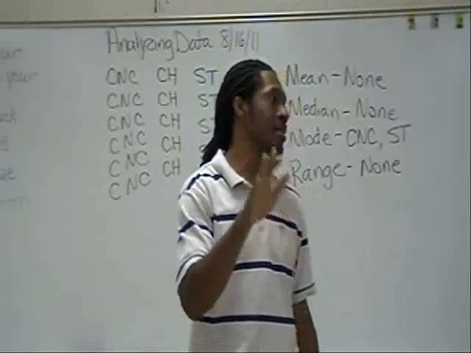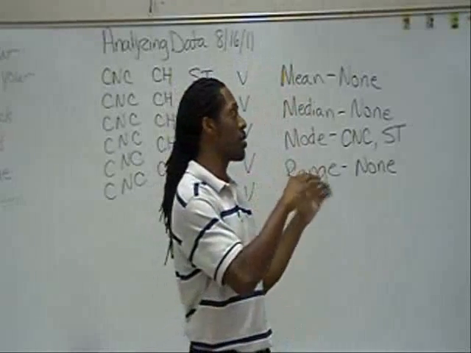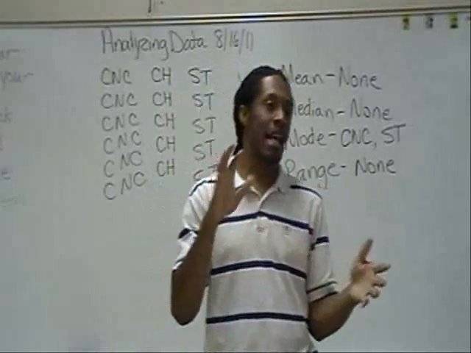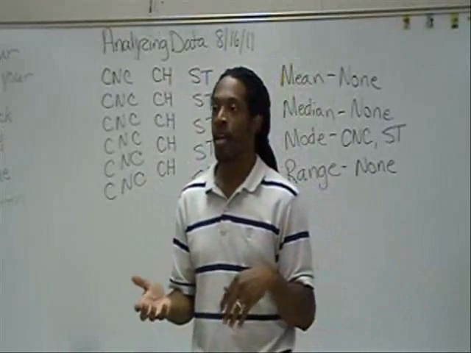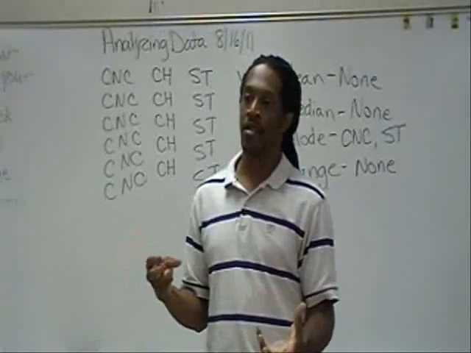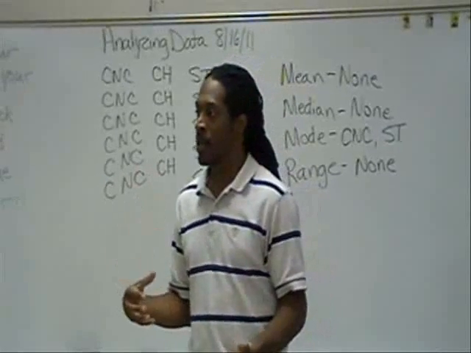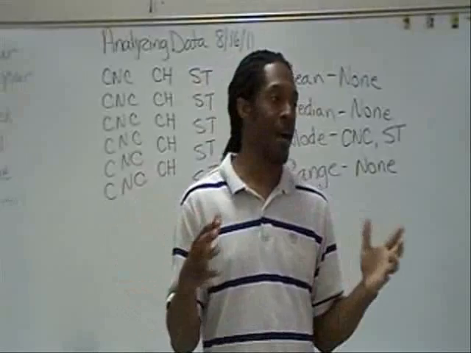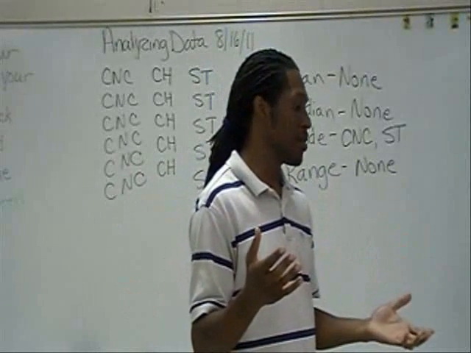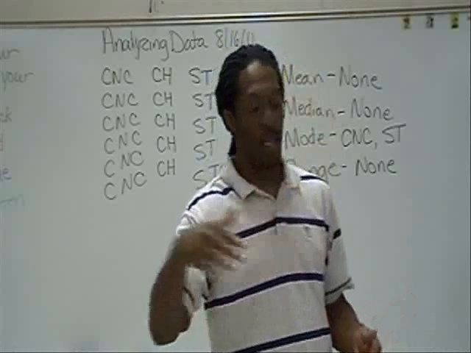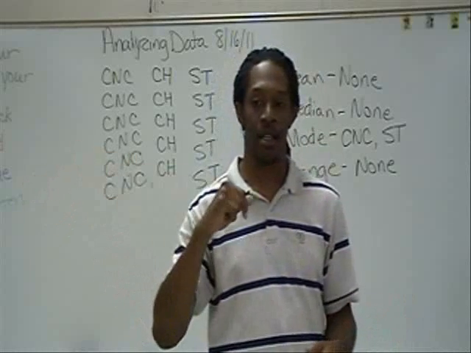If you have numbers without outliers, you use the mean. If you have outliers, you use the median. Now, we're going to talk a little bit more about why that is important coming up in the next day or two.